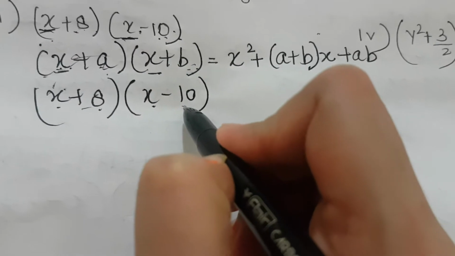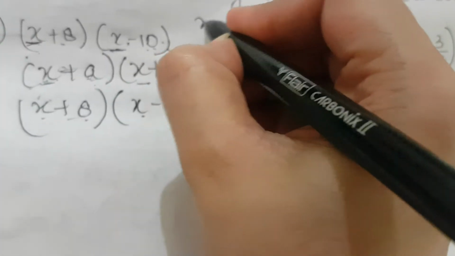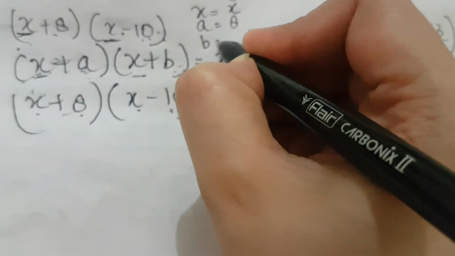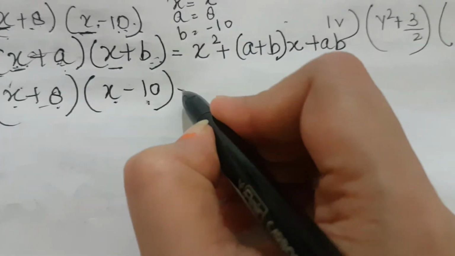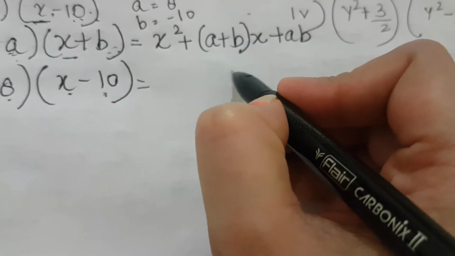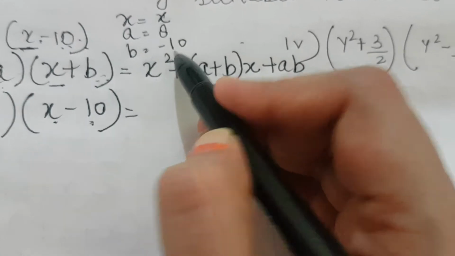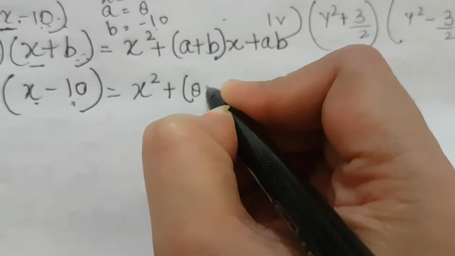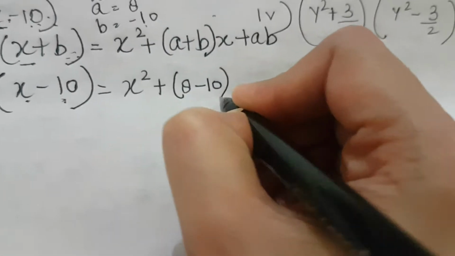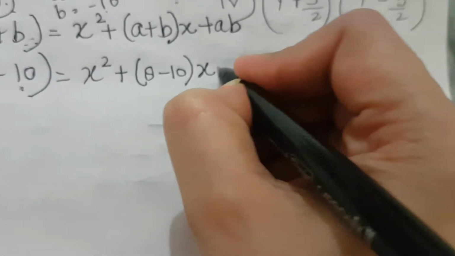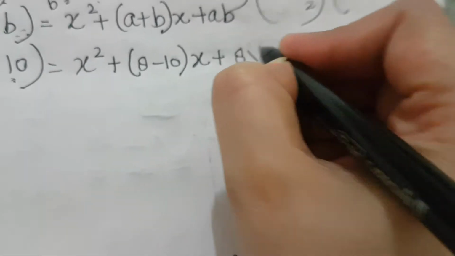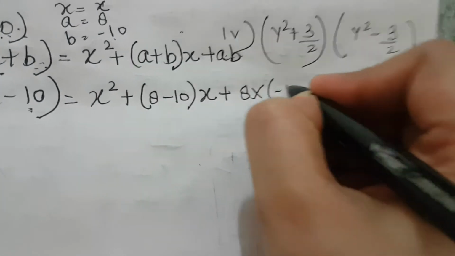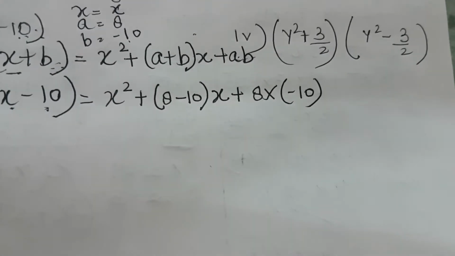Compare these two and you will get the values. What is the value of x? x only. What is the value of a? 8. And what is the value of b? Minus 10. Now we will expand this identity and put in these values: x square plus (8 minus 10) into x, plus 8 multiplied by minus 10.